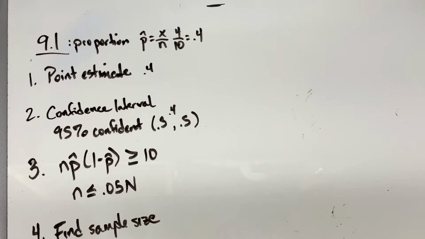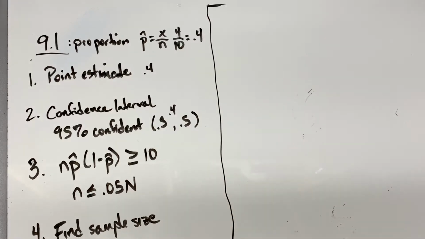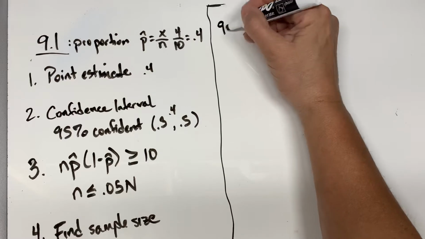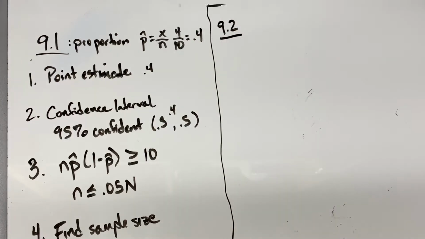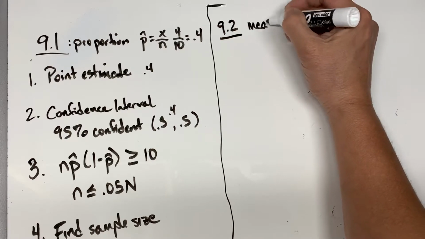what's happening in 9.2 is similar. We're going to be doing the same 4 things, but what's different is that instead of our point estimate being a proportion, it's going to be a mean.